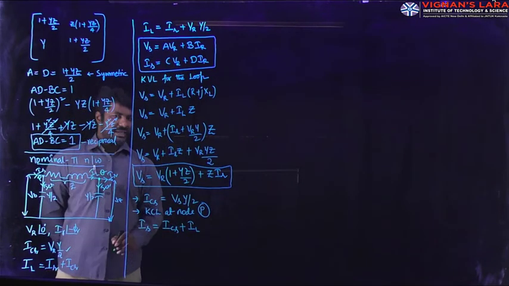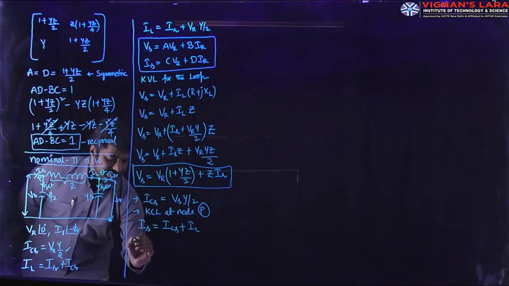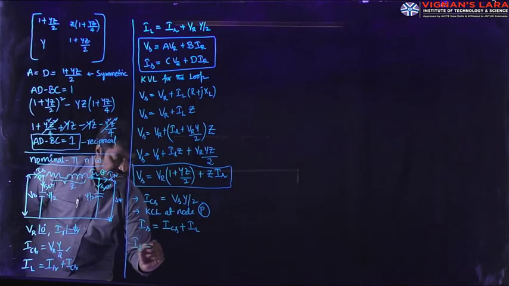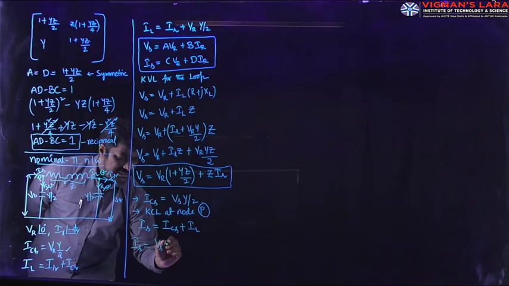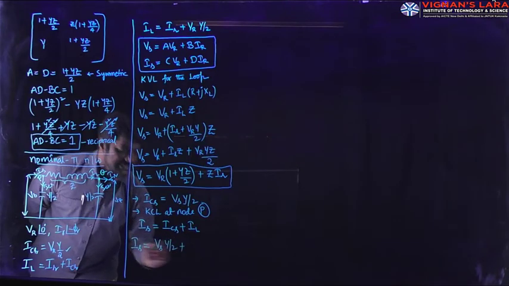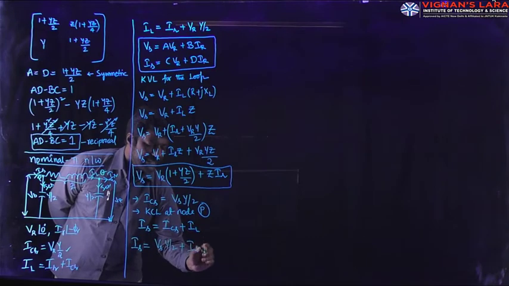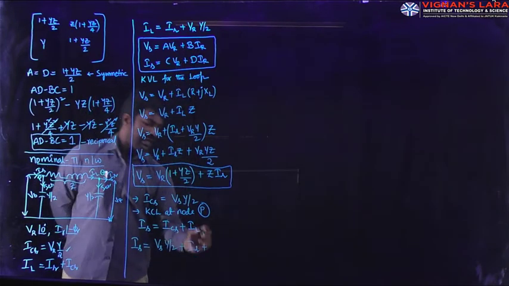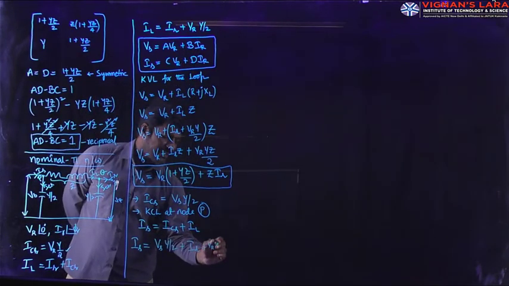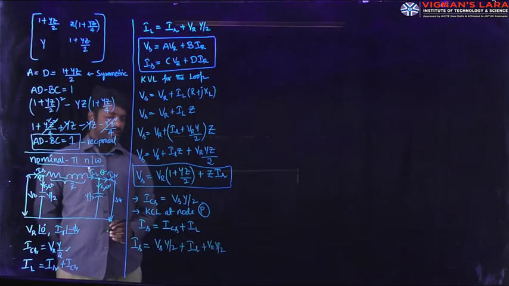I'll substitute them and I'll get the value of Is. Is is equal to Vs Y by 2 plus IL, which is IR plus VR Y by 2.